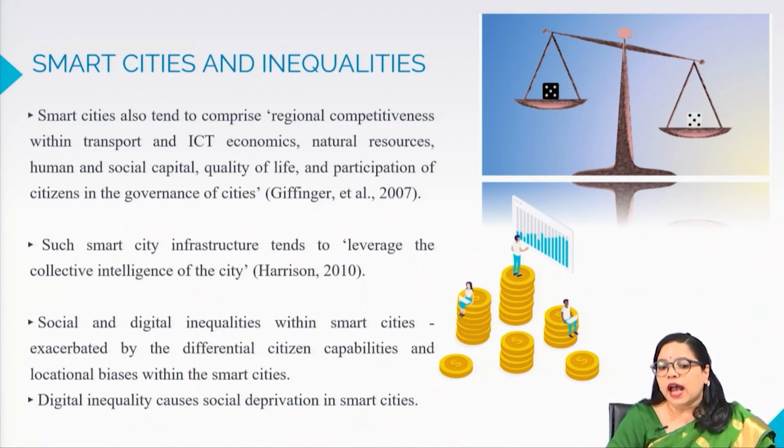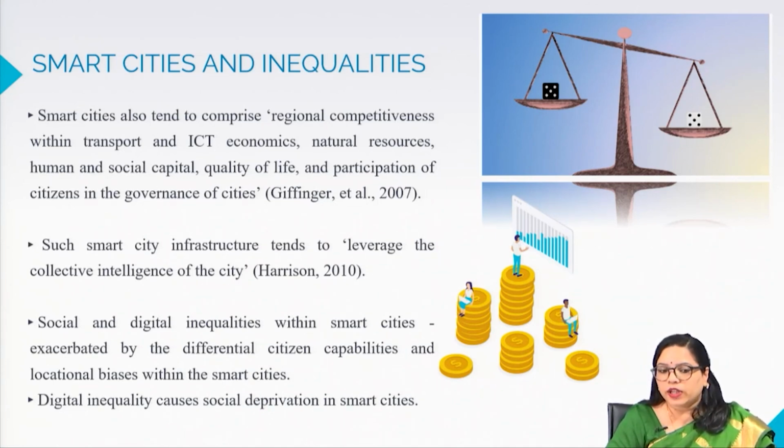Adding to this, Harrison suggested that such smart city infrastructure tends to leverage the collective intelligence of the city. However, there exist social and digital inequalities within the smart cities that are exacerbated by the different citizen capabilities and location biases within the smart cities, among others.